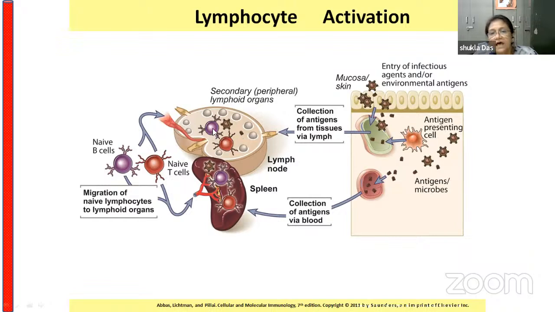The lymph node gives it to the naive T cell. The naive T cell does not know what to do. It has to identify this antigen. It is not so automatic. There are a lot of intricate signaling molecules involved for the antigen to be accepted by these naive T and B cells.